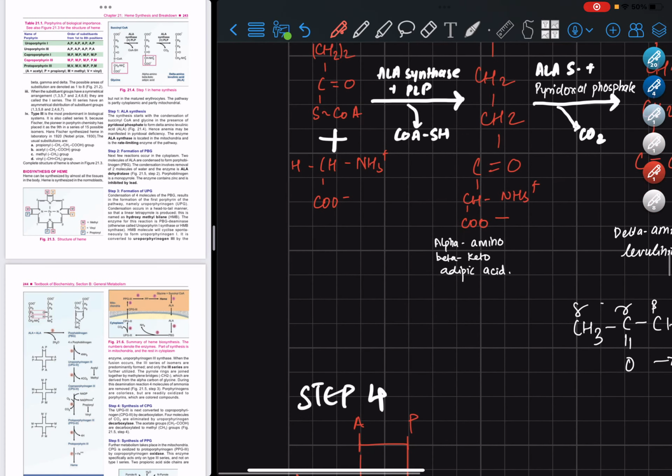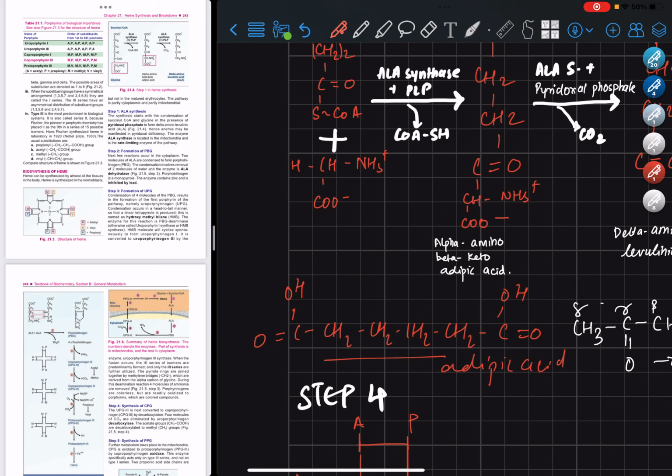If we take C double bond OH, CH2, CH2, CH2, CH2, and C double bond OH, this is adipic acid. I learned this mnemonic when I was preparing for NEET, which is "oh my sweet good apple": oxalic acid, malonic acid, succinic acid, glutaric acid, and adipic acid.